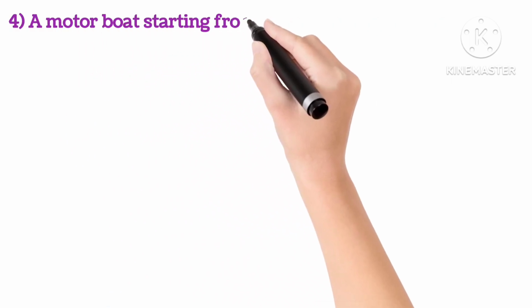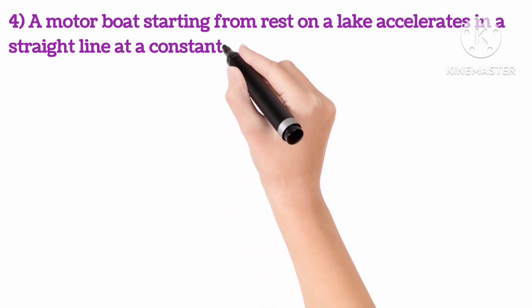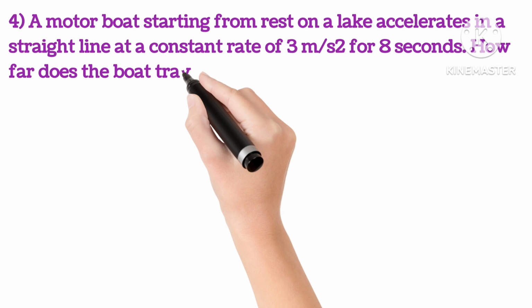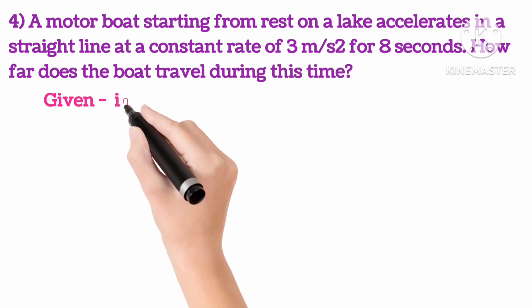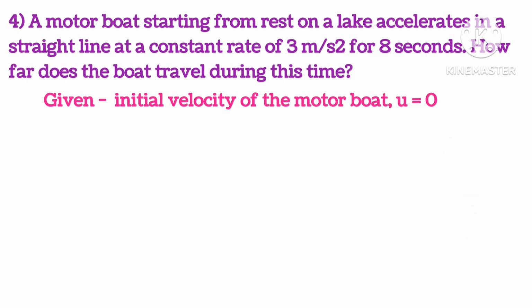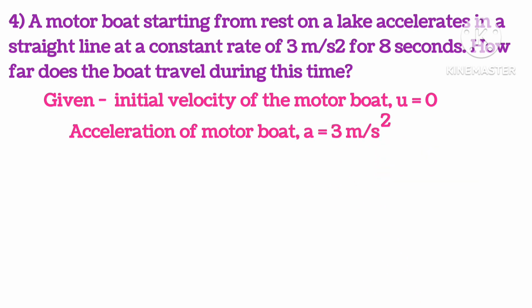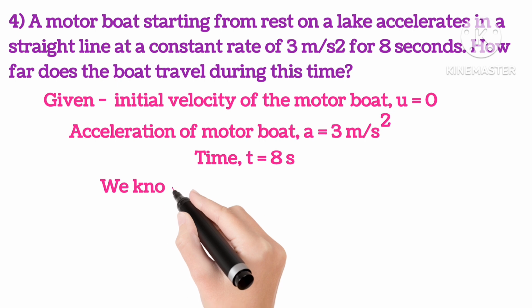Fourth, a motorboat starting from rest on a lake accelerates in a straight line at a constant rate of 3 meter per second square for 8 seconds. How far does the boat travel during this time? So given the initial velocity of the motorboat is 0, the acceleration of the motorboat is 3 meter per second square, and time is 8 seconds.